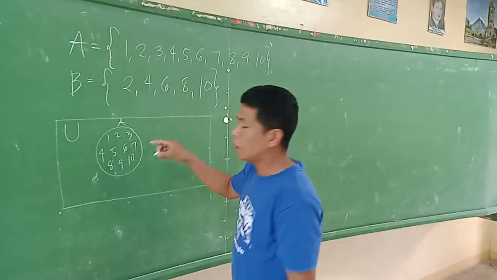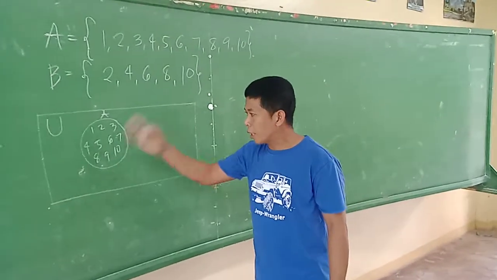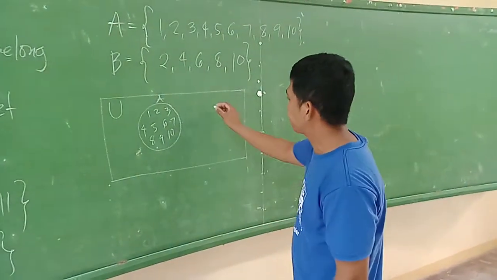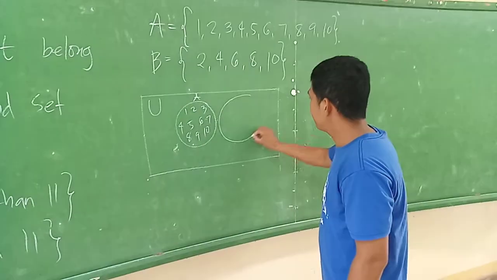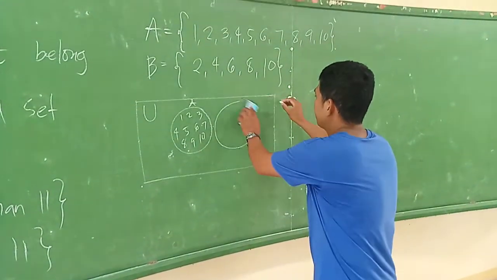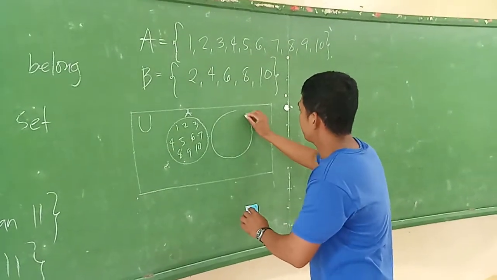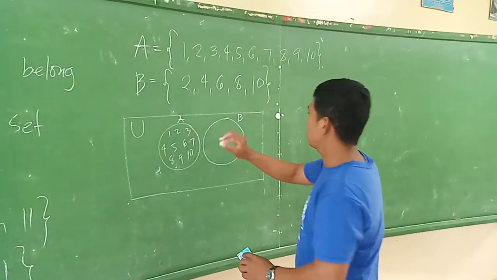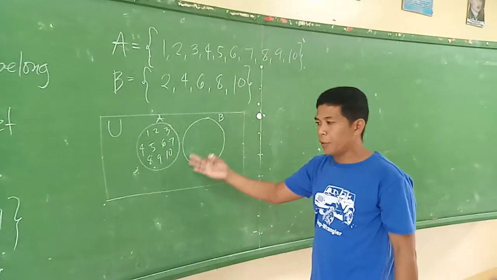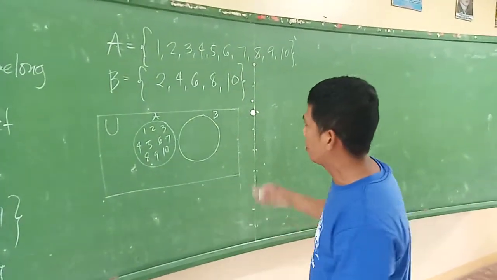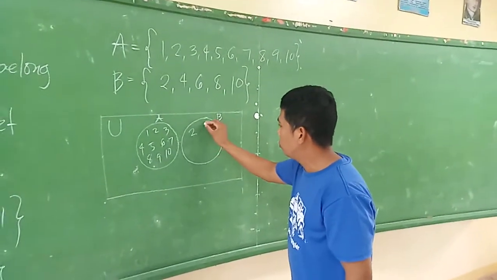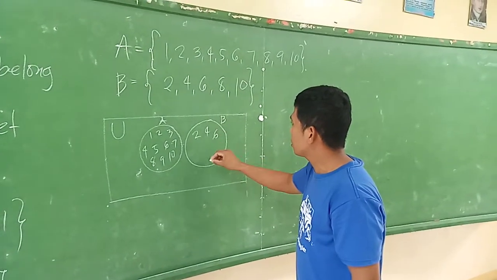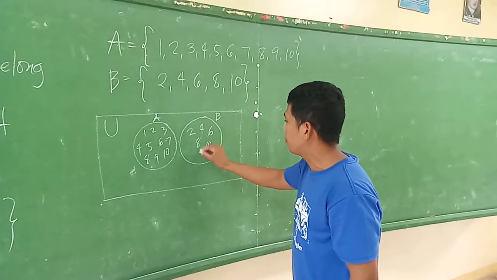Those are the elements of set A. And in set B, we have the even numbers less than 11, so we write 2, 4, 6, 8, and 10.